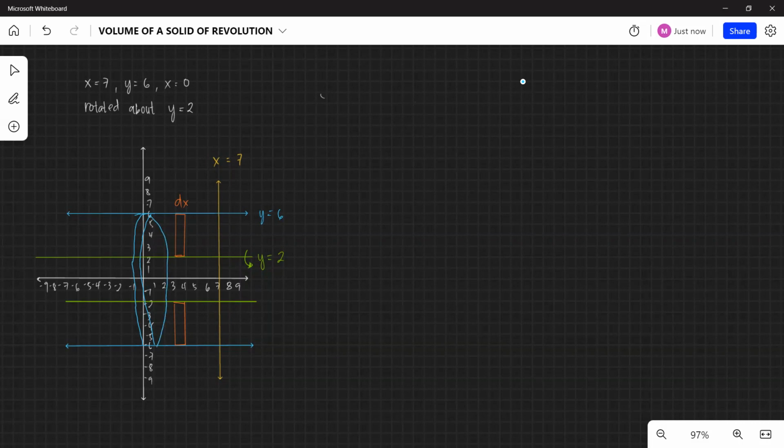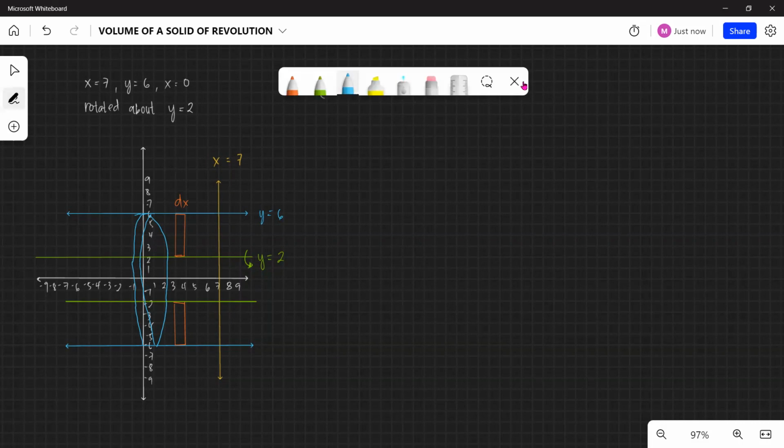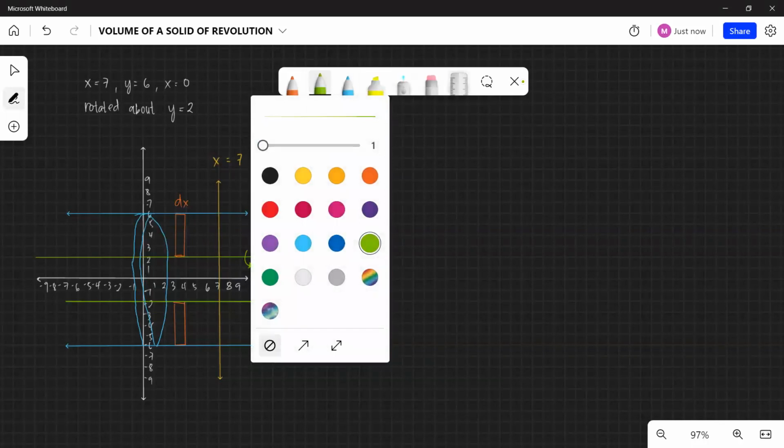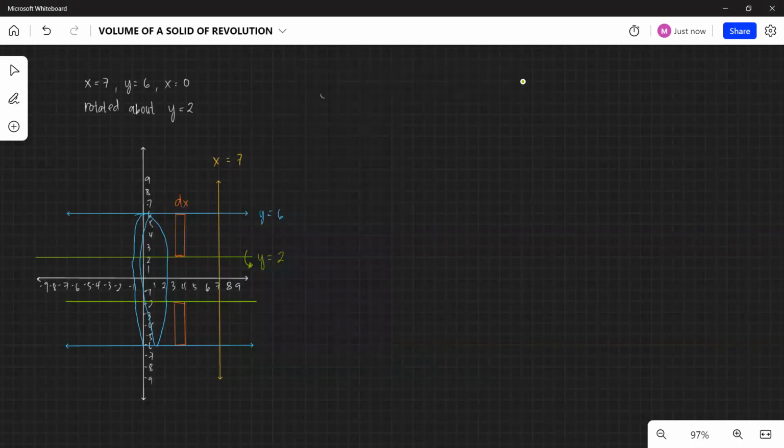So let this be the washer for this part. And let's say we'll draw another one at the other end. So this is the upper limit, the yellow part, using the same color.